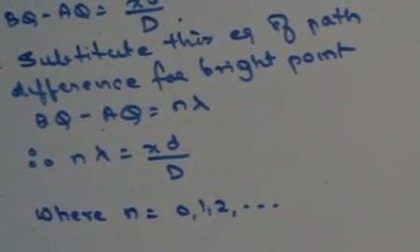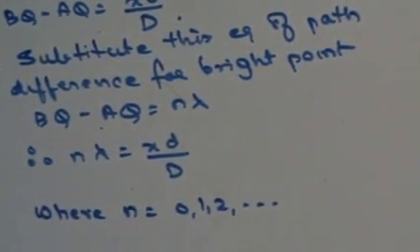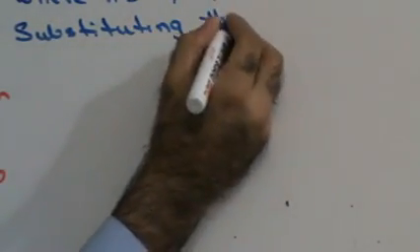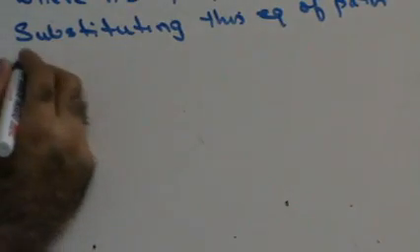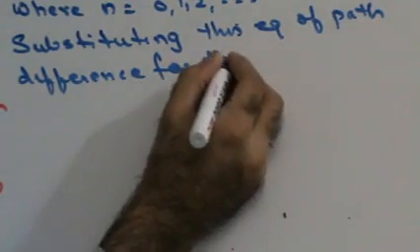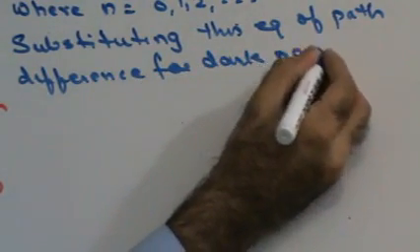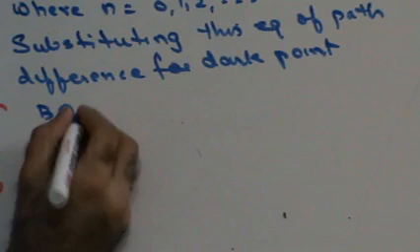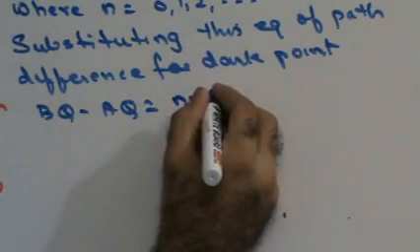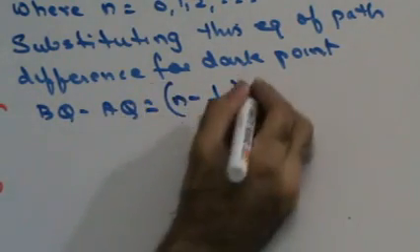Similarly, if I substitute this equation of path difference for dark point, I can say that BQ minus AQ is equal to the path difference for dark point, which we had said is an odd multiple of half the wavelength.